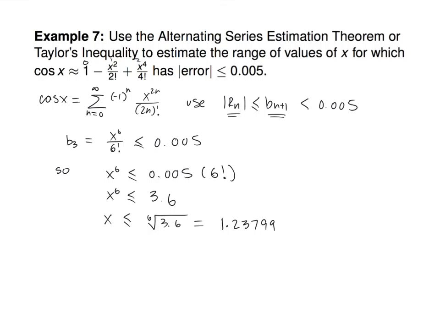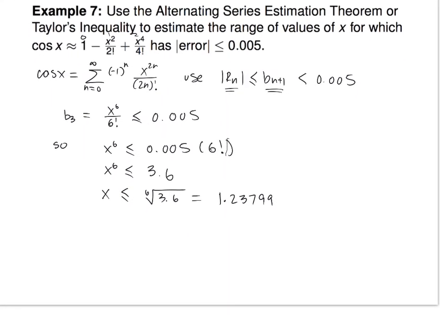That's what multiplied by itself 6 times gives 3.6. Which is something funky, right? Okay, so then what we have is that the absolute value of R_n is less than or equal to B_(n+1) as long as x is less than 1.2379. I just wrote the wrong number.